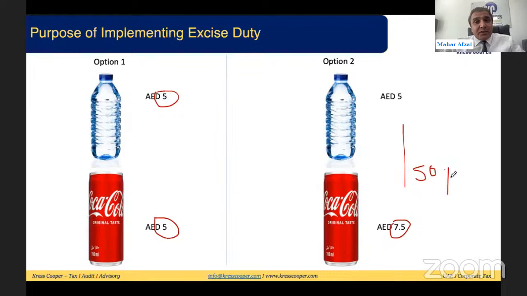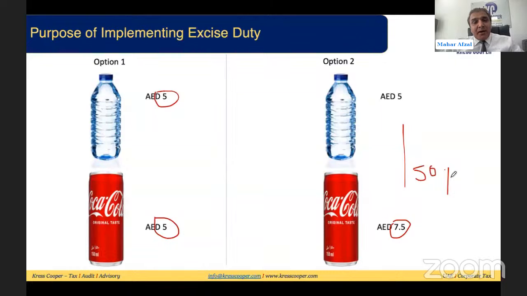So the government's objective is to cut the usage of harmful products, which will ultimately lead to a greener future. So this 50% tax, as I mentioned, is the excise duty applicable on specific products which are harmful to human health. Now, two possibilities there.